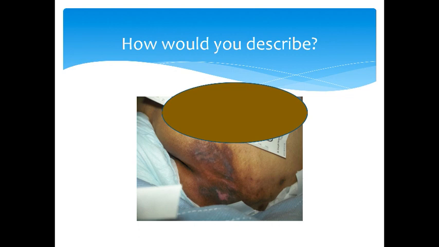But this person has hyperpigmentation, is what I would call that. But see right down here, this area is actually hypopigmented, right? Now, does anyone know why that might be like that? Scarring, exactly. So this patient has a scar, okay?